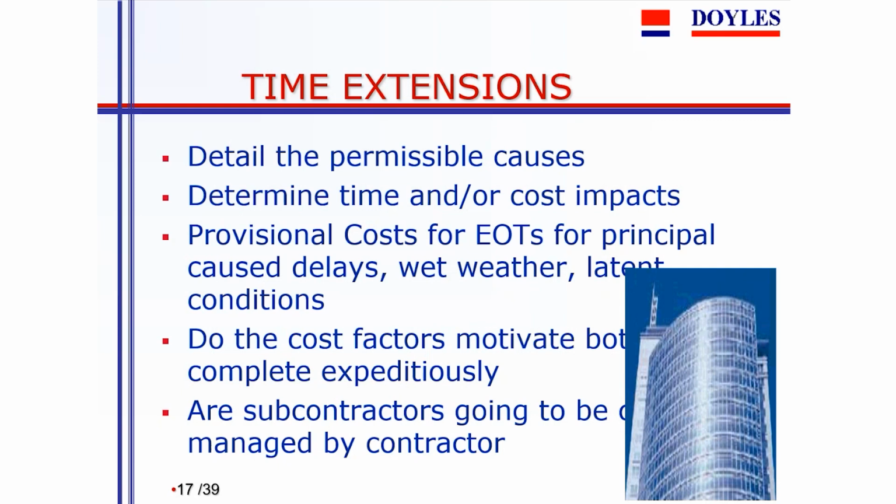You've got to look at your contract and determine what the cost or impacts are, because oftentimes contracts say, well, you won't get much for the delay costs. You've got to look at that as a sensible risk and make sure that you've got provision for it in the pricing adjustments you've made.